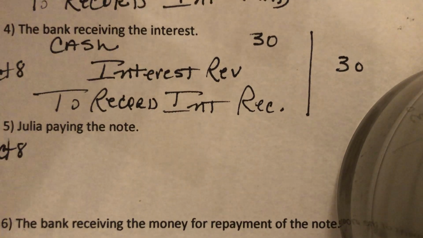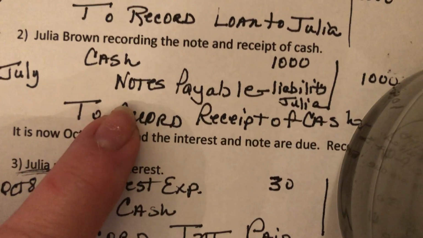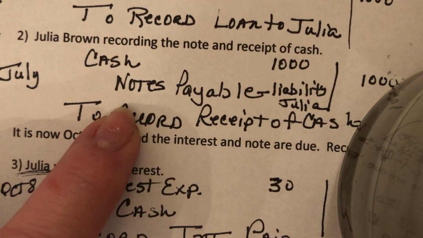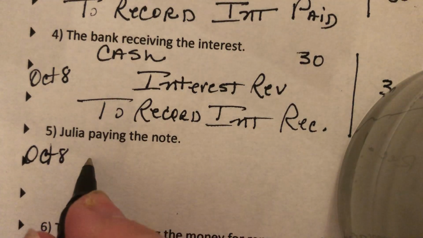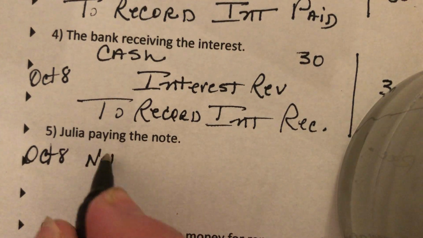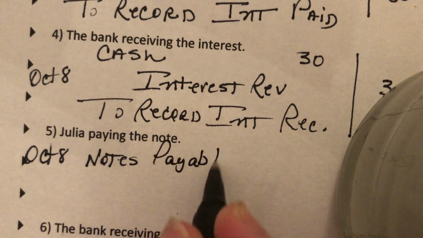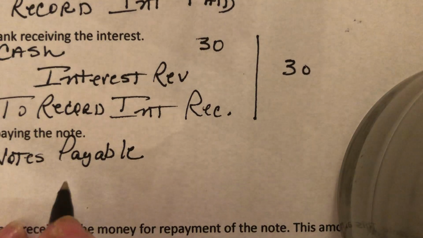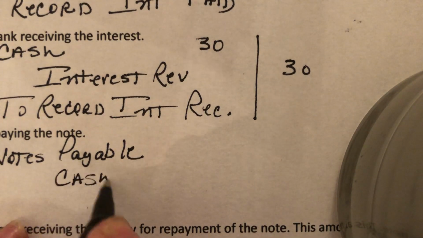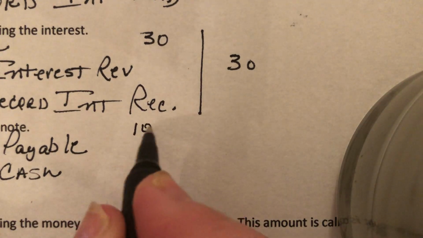Now, what you're going to do is, Julia had a liability, which was a credit. You now want to debit that liability. That means she'll no longer owe it, and she will want to either take cash or send them a check for the $1,000.